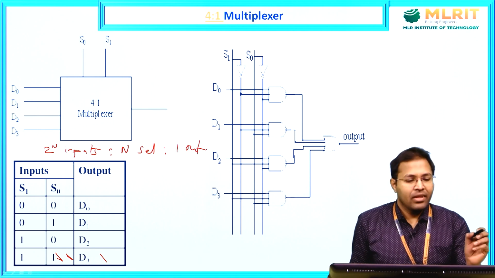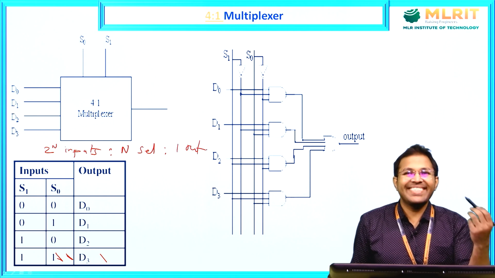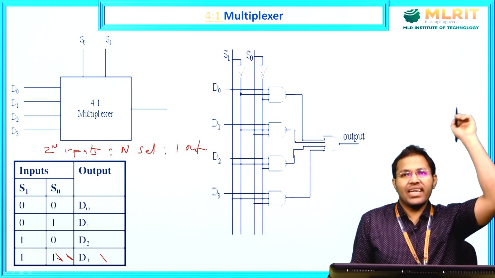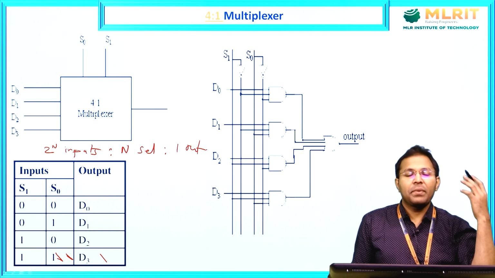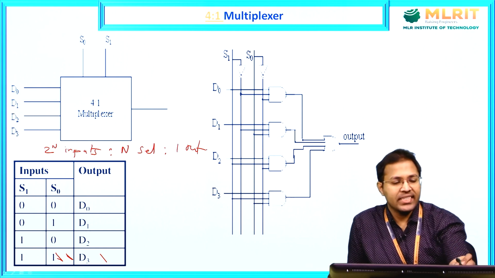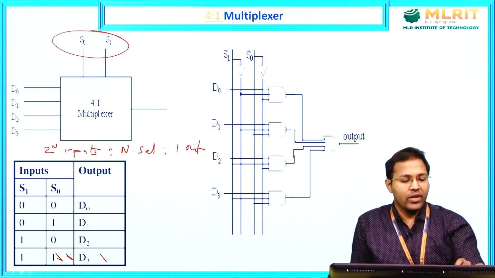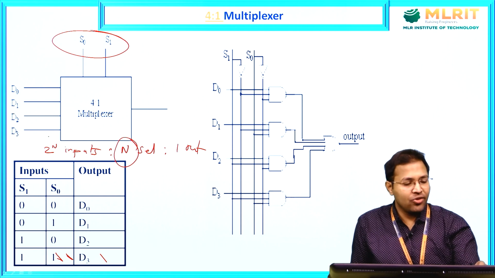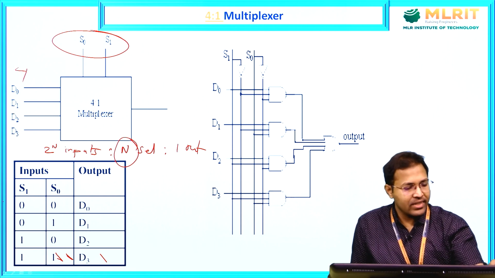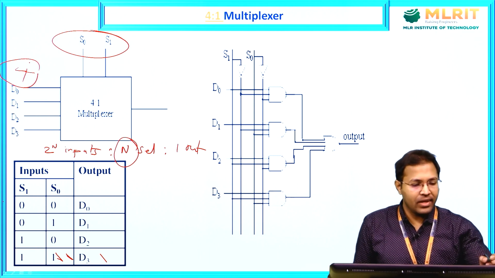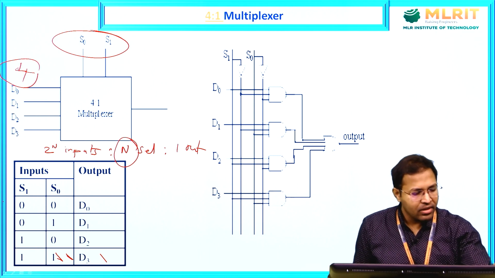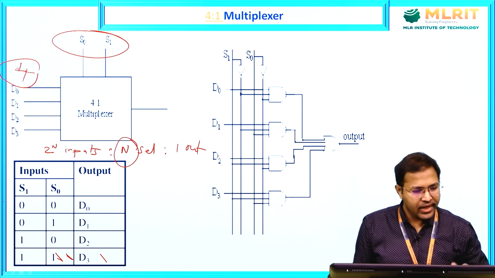Earlier we saw the first case, when n is 1, one selection line. Now n is 2, so 2 selection lines. So 2 power 2 will be 4, fine. The number of inputs will be 4.